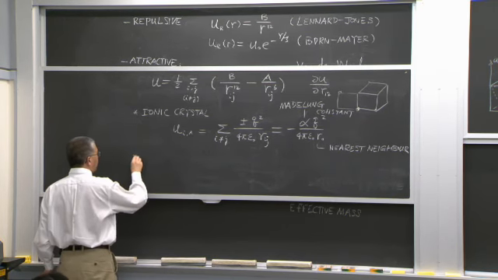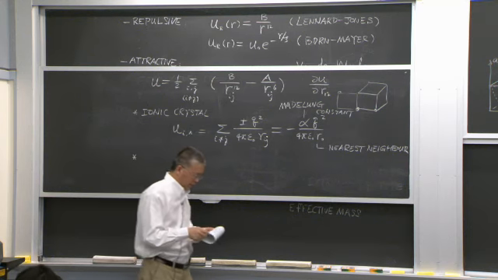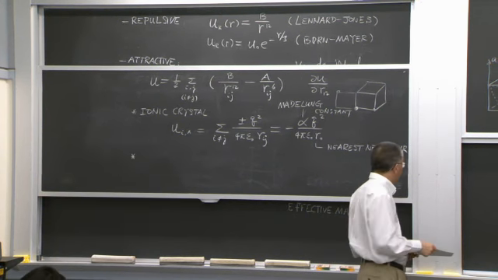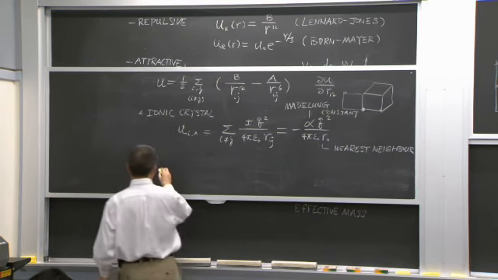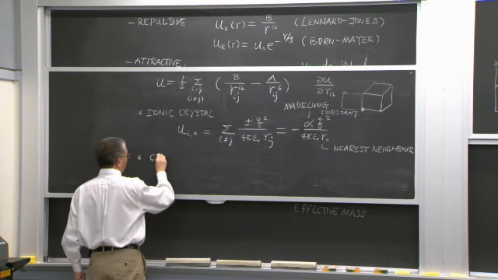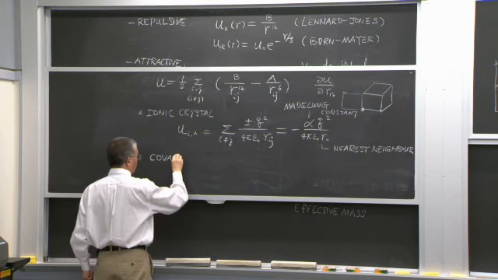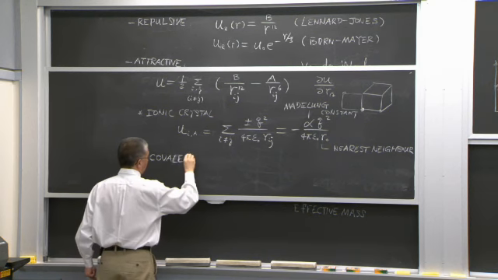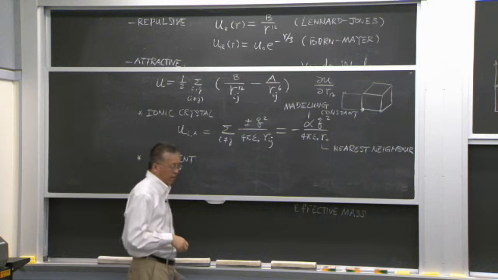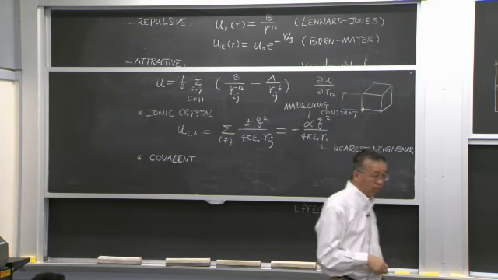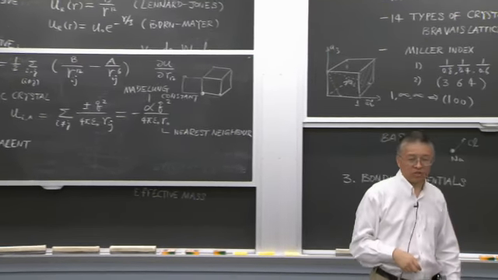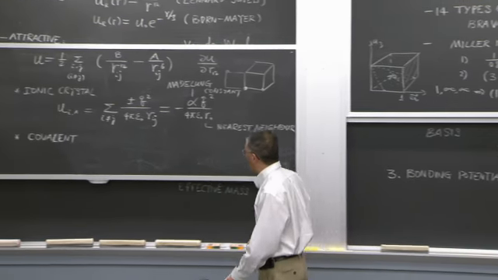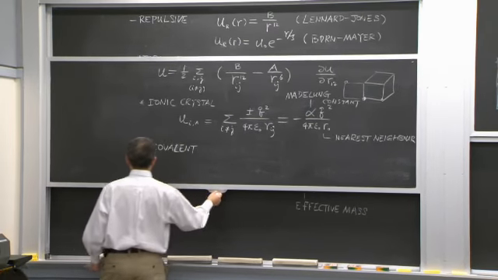Now we have ionic, and next is covalent. I have given a covalent example before, and this is when two hydrogen atoms form a hydrogen molecule.